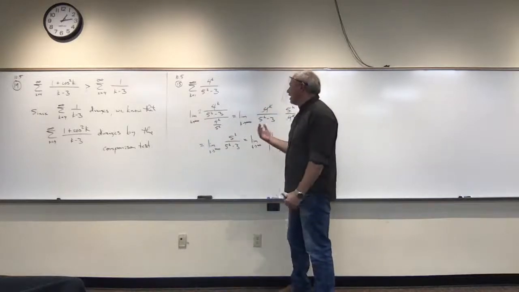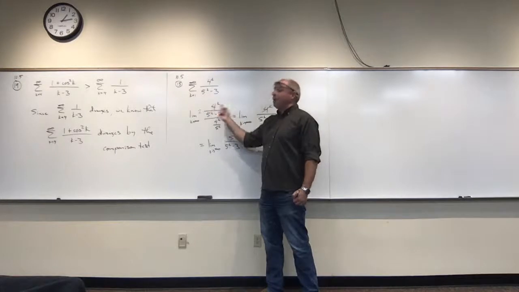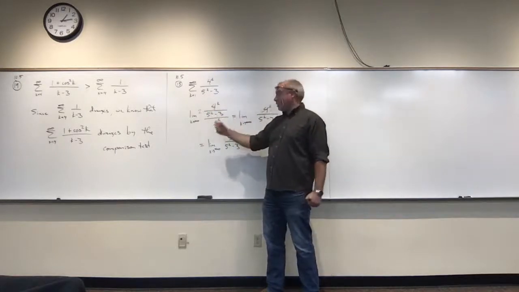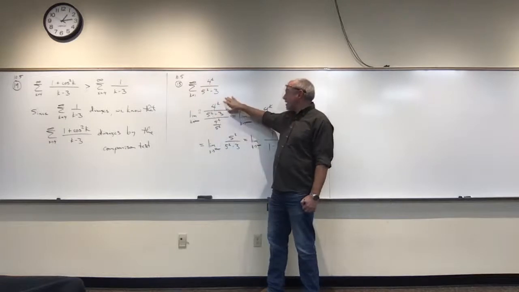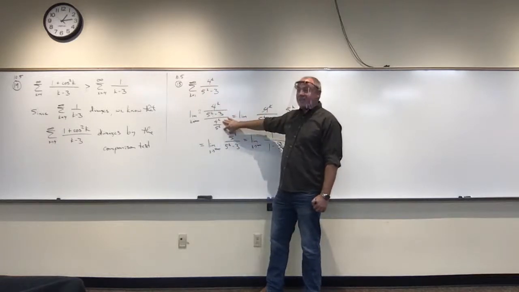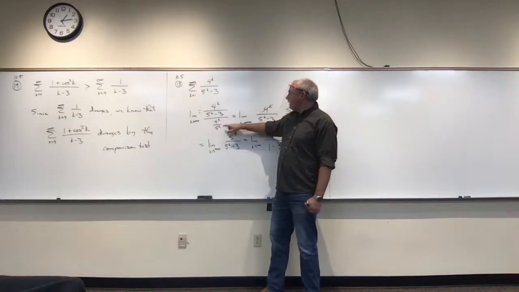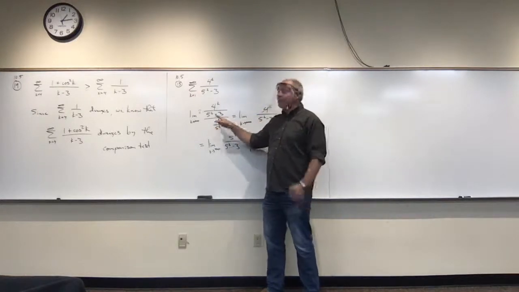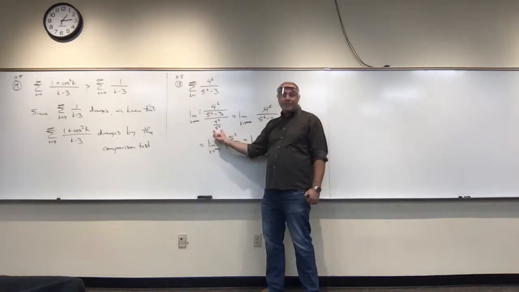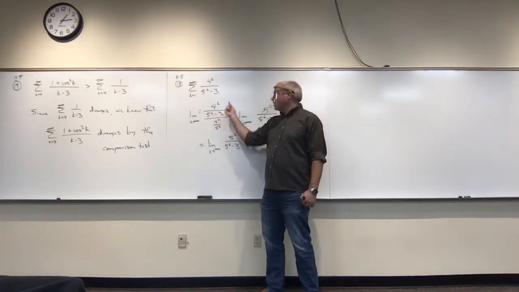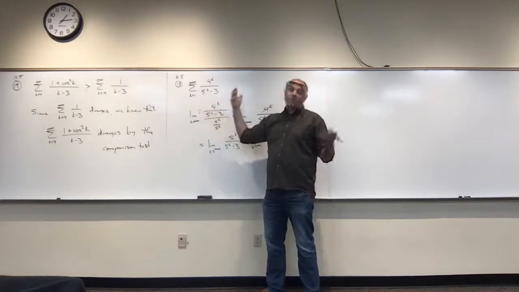If it's infinity, that means the top is getting big a lot faster than the bottom. The top is getting really big, and this guy can't keep up. So if you know that the thing on the bottom, the little guy, is going to infinity, what can you tell me about the thing that's growing a lot faster? It's going to infinity.